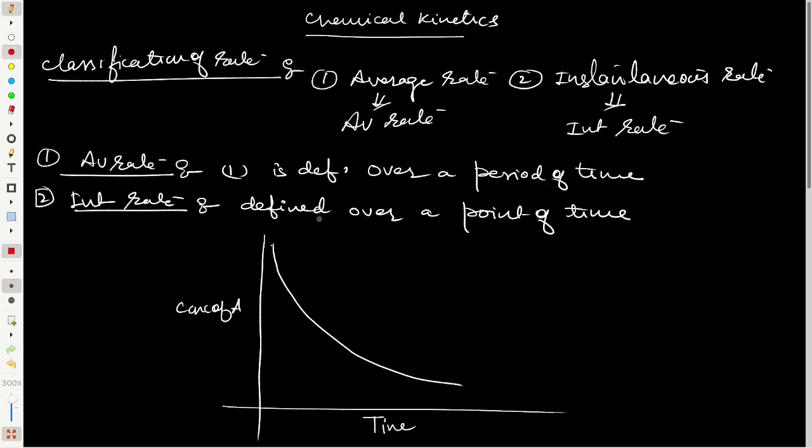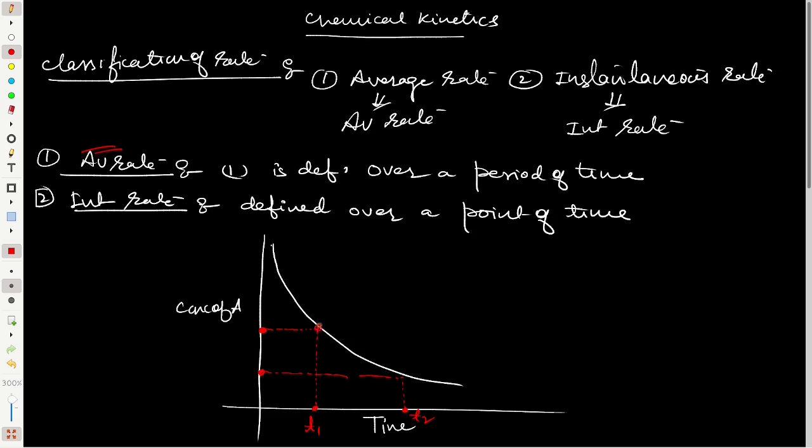Here we have to first define the average rate. Suppose that we took a time t1 and we took another time t2. At t1 time, the concentration of A is this. At t2 time, the concentration is this one.